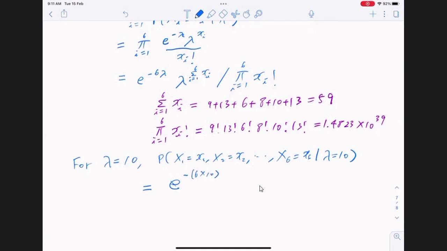We put lambda equal to 10 into that expression, so the first term will be e to the power minus 6 times 10. And then lambda raised to the power of the sum of the x, which is 10 raised to the power 59. And we divide by the product of all these factorials.